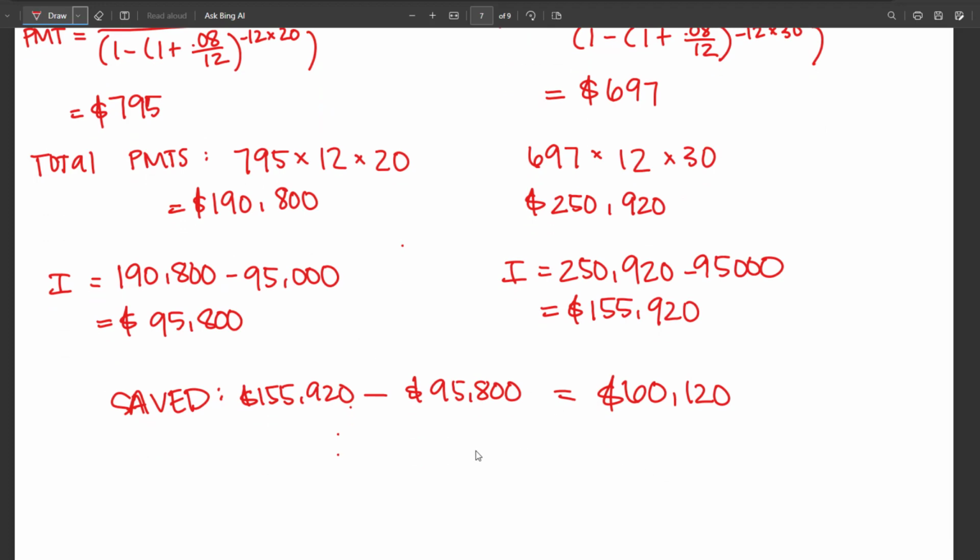So they're going to ask you to round it to the nearest $1,000. So it would be $60,000.